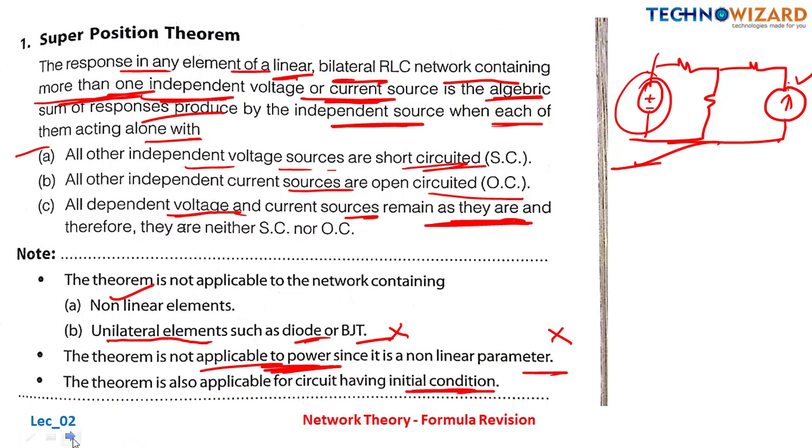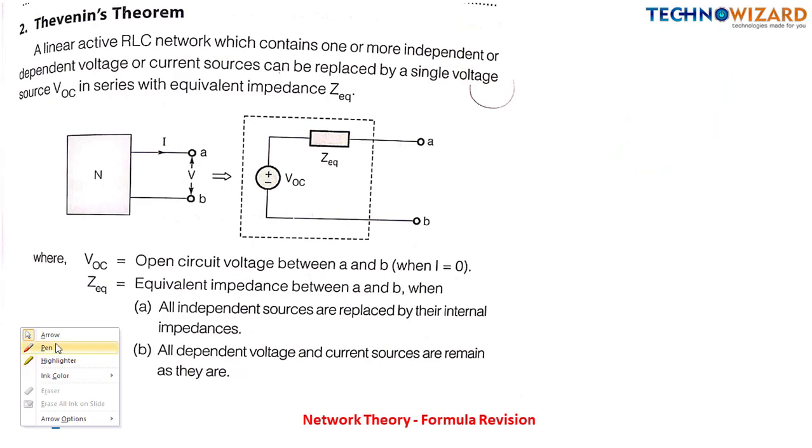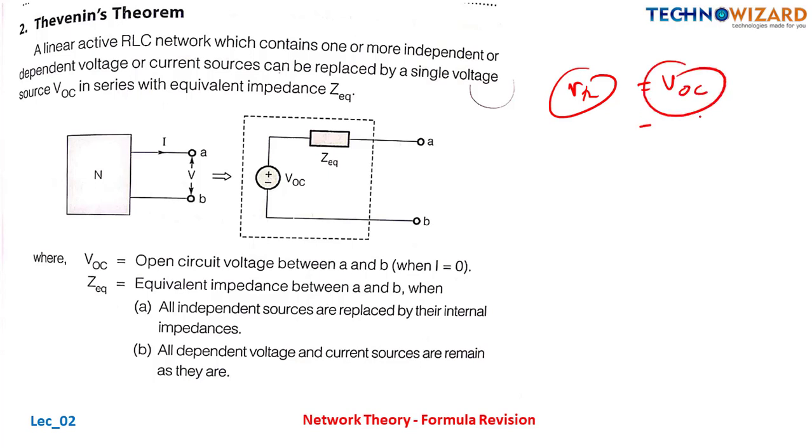Remember these points. Now the next one is Thevenin's theorem. What is VTH? VTH is nothing but the open circuit voltage. A linear active RLC network which contains one or more independent or dependent voltage or current sources can be replaced by a single voltage source, that is VOC. VOC is represented by the open circuit voltage between A and B, that is between the load terminals.